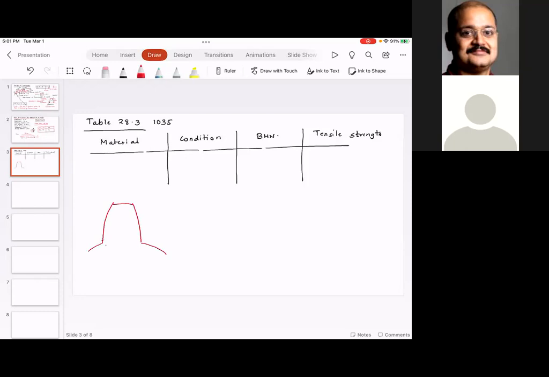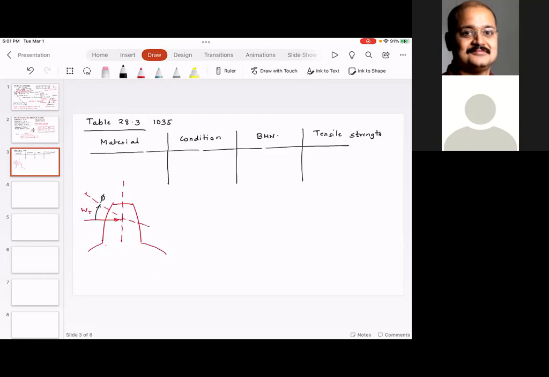Gear is transmitting torque. So torque means you have a tangential force, WT. You have the pressure angle, and this is the pressure angle phi.